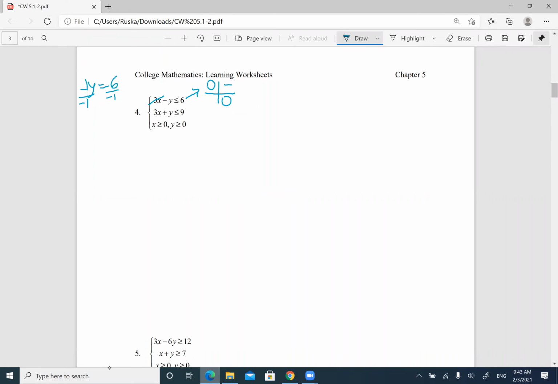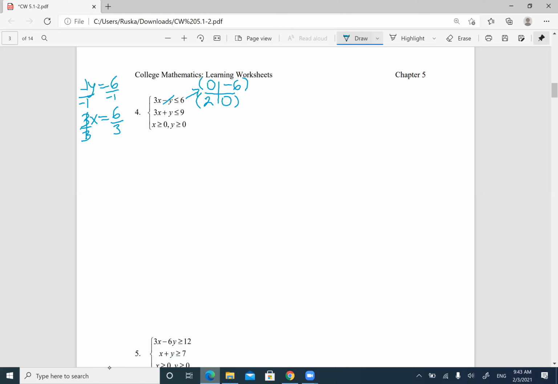So that's going to be negative 6. Okay? Then after that, I'm going to replace y with 0. So when y is 0, I have 3x equals 6. Divide by 3. So 6 divided by 3 is 2. So these are the 2 points I need for my first graph. Okay?